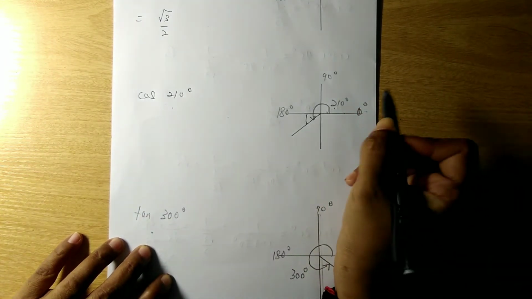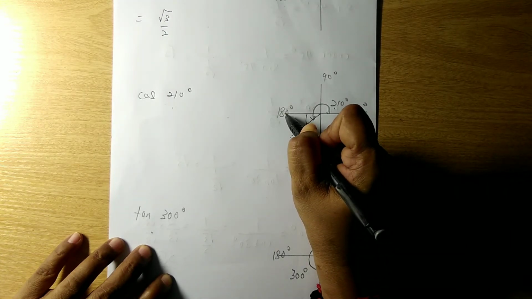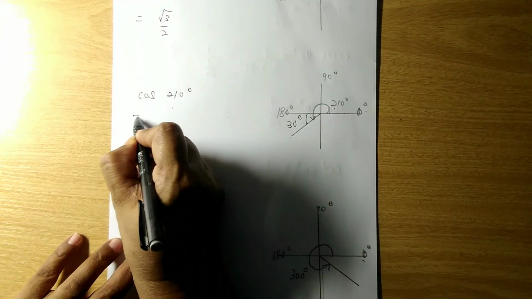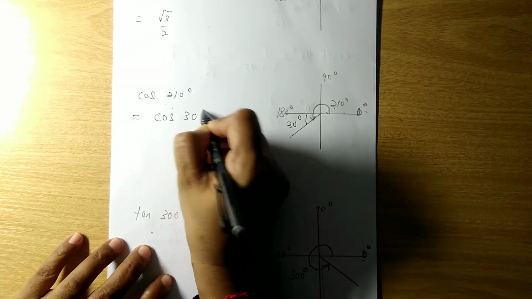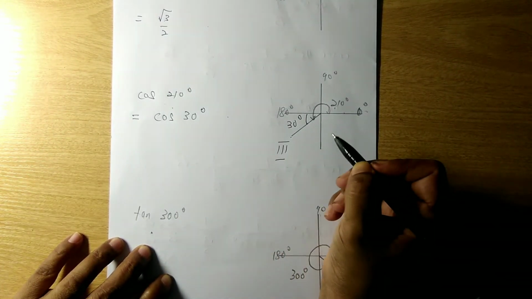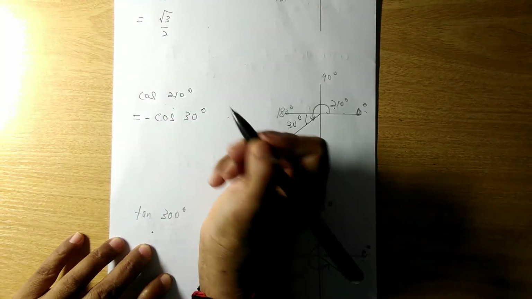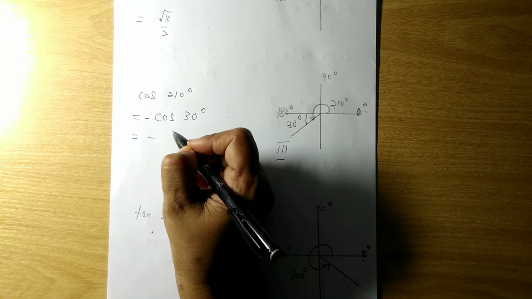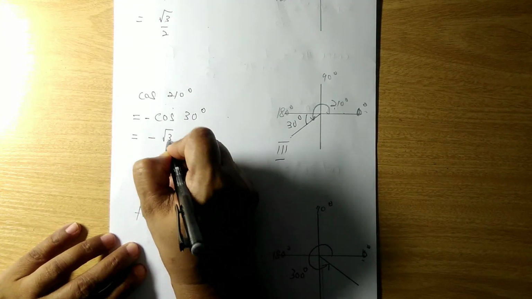So I'll get 30 degrees here. Meaning this is actually equivalent to cos 30 degrees. Okay, now this is in my third quadrant. So cos in the third quadrant is actually negative. Okay, so this becomes negative if it's cos 30 degrees. This is actually negative square root of 3 over 2. Okay, so this is all without calculators.